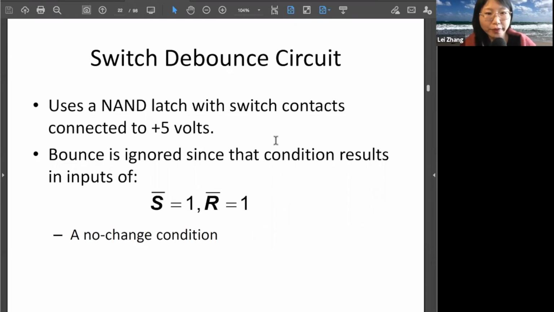In this example, we use a NAND latch with switch contacts connected to +5 volts. Bouncing is ignored since the condition results in inputs of the latch S0 equals 1 and R0 equals 1, so there is no change condition there.